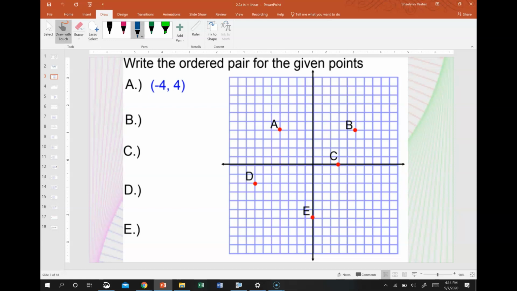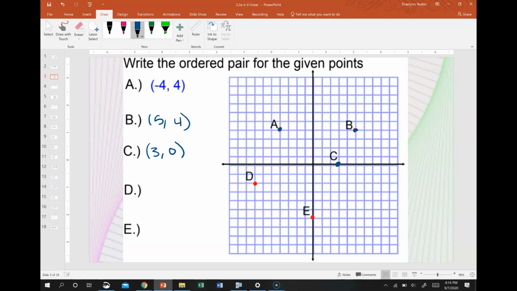So on the first problem it says negative 4, 4 is A. On the second problem, here's B. So we go over 1, 2, 3, 4, 5 in the x direction, and we go up 1, 2, 3, 4 in the y direction. Perfect. Then C is just over 3 in the x direction, up nothing in the y direction.